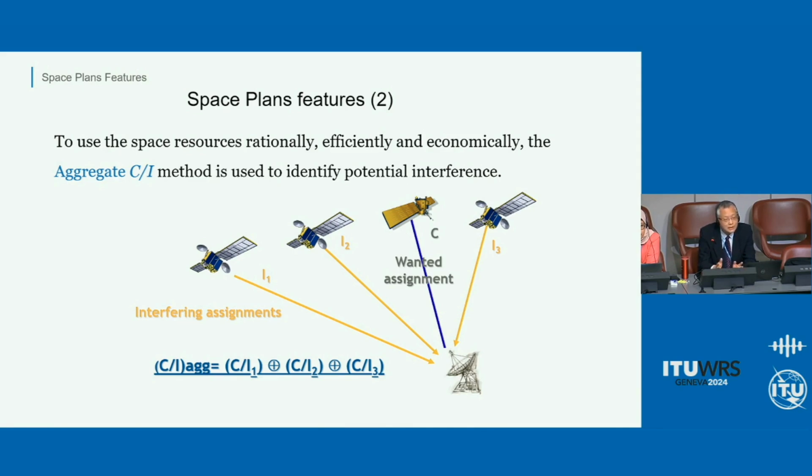So we consider the aggregate C/I value in the plan, and we compare with criteria to see if the change of the aggregate C/I exceeds the limit or not. In that way, we make a judgment if interference is caused or any wanted network has been affected.